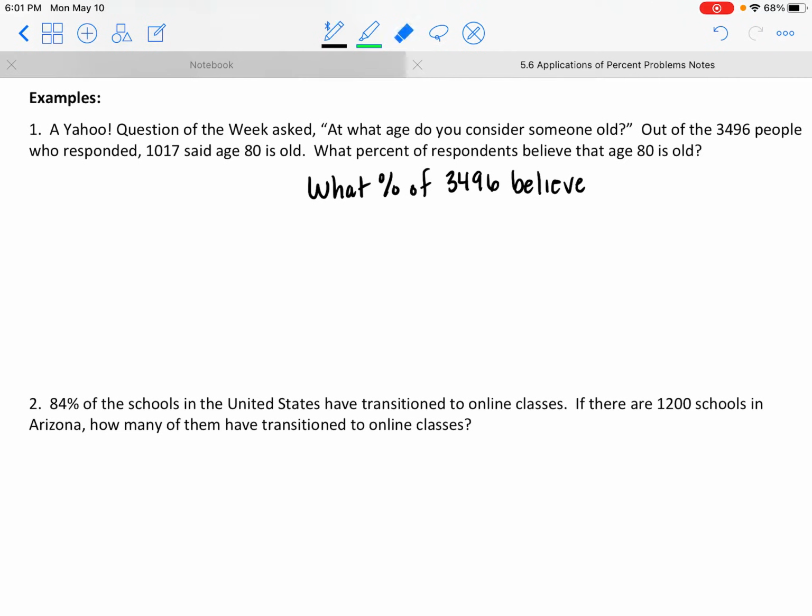Now, the ones that believe age 80 is old, actually we have a number for that too. So this believing that age 80 is old, that's these 1,017 people. So what percent of 3,496 is 1,017 is our question. Okay?